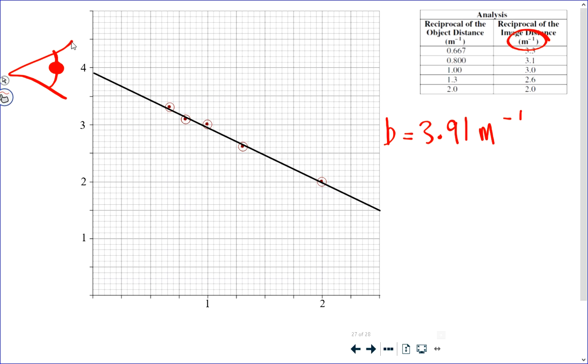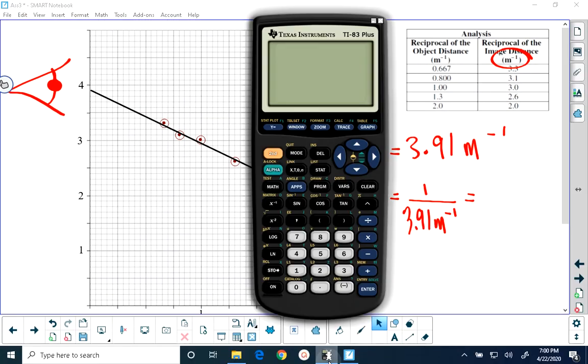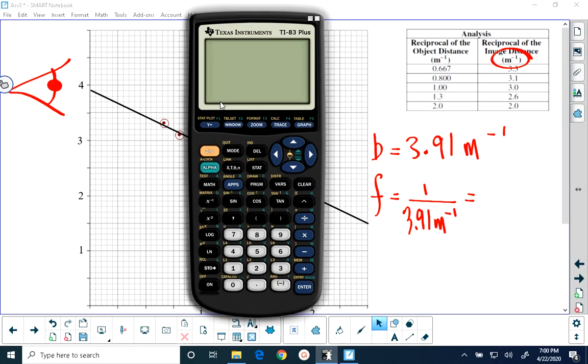Well, if that's the reciprocal of the focal length, then I can find the focal length by taking the reciprocal of 3.91 meters to the negative 1. So all that remains is for me to take my calculator and find out what the reciprocal of 3.91 is.